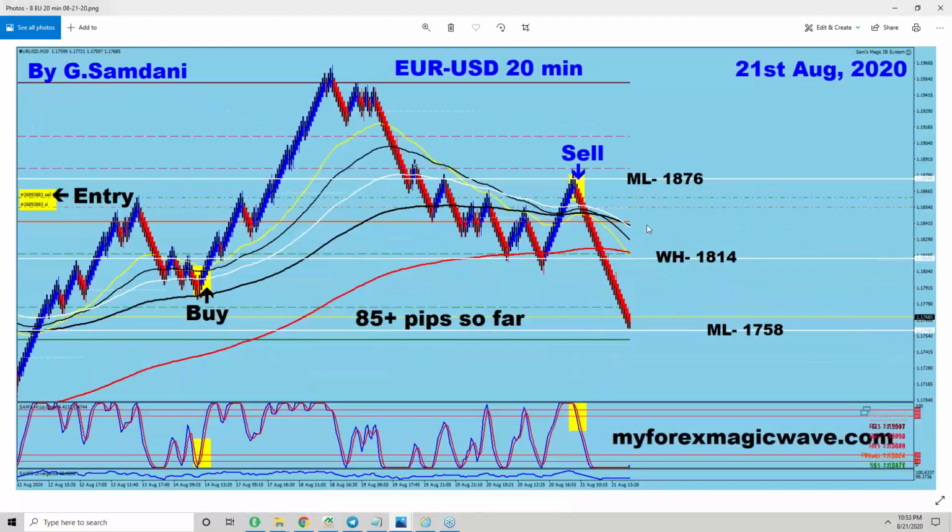And exactly there, it broke below it, bounced from 1814 and went up, hitting 1876 and posting a reversal candle. And I was watching it. So when that happened, I said, well, okay, that's what's happening. And boom, right after the reversal candle, I opened my trade and it started to go down, and I moved the SL to break even. So this is all systematic and according to the plan.